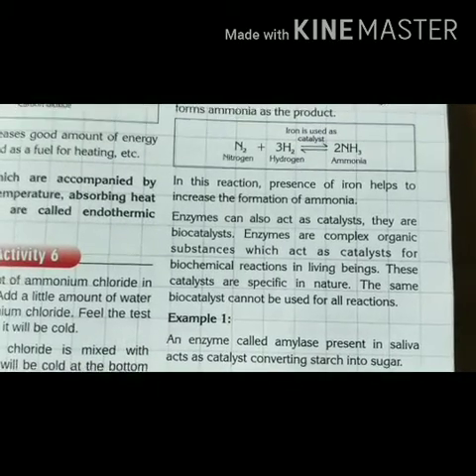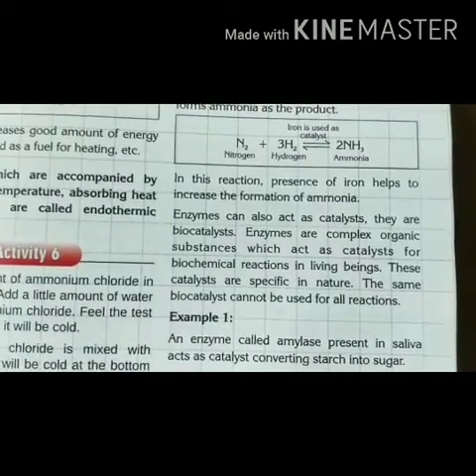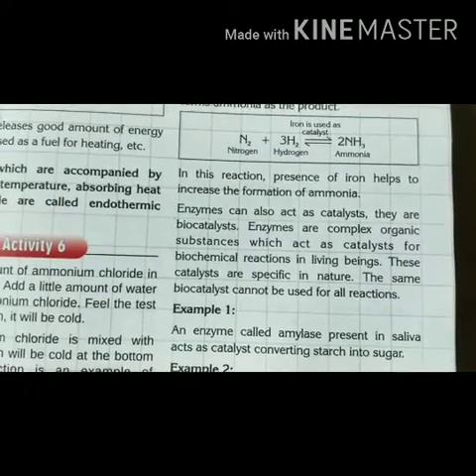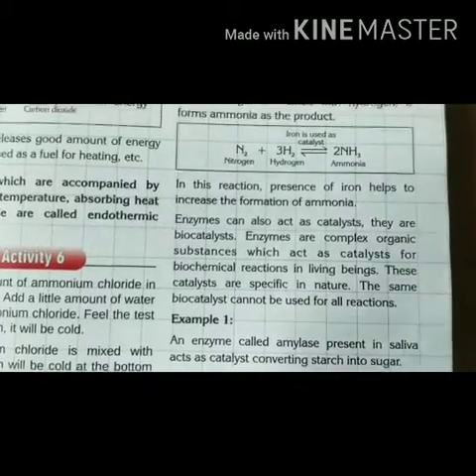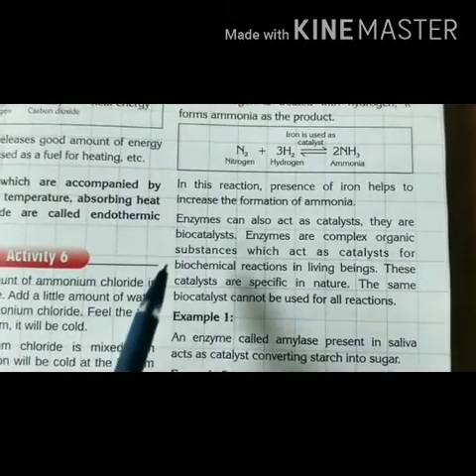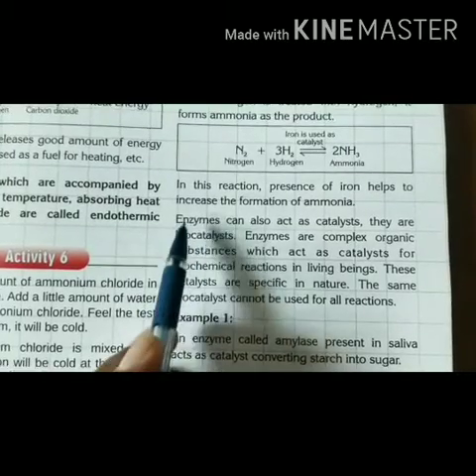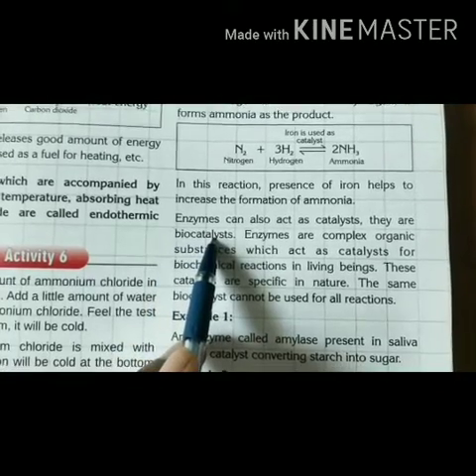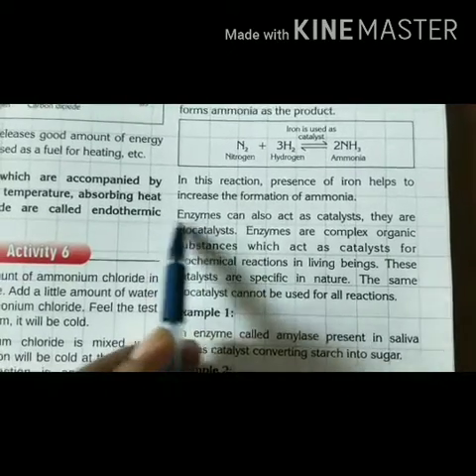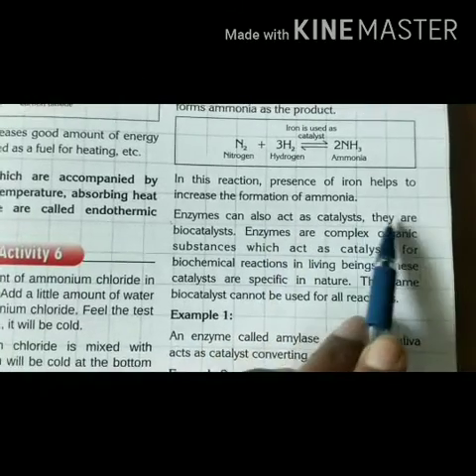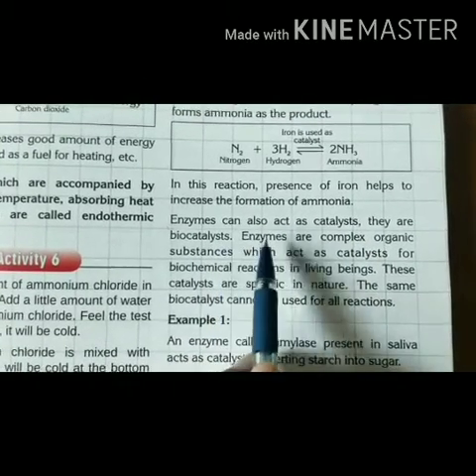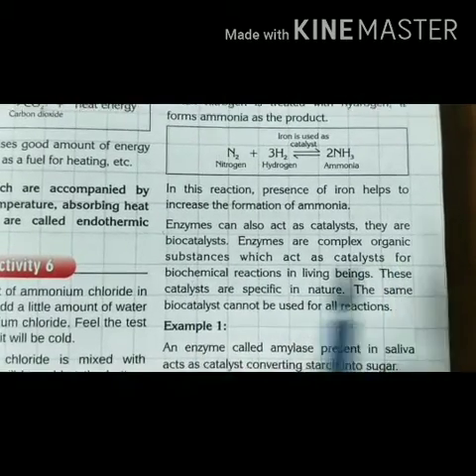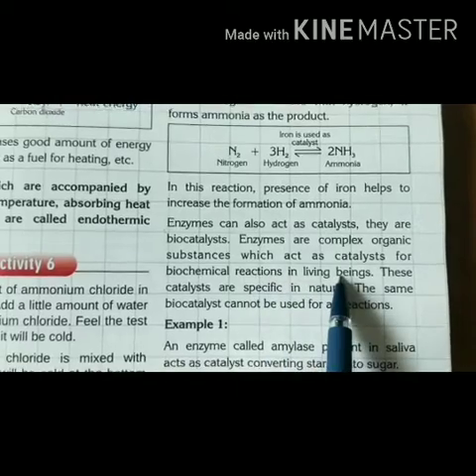The biological processes which you can see in your daily life are governed by enzymes, which increase the rate of those chemical reactions. Enzymes are also known as biocatalysts. Enzymes can also act as catalysts. They are biocatalysts. Enzymes are complex organic substances which act as catalysts for biochemical reactions in living beings.